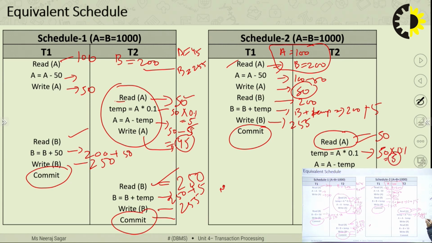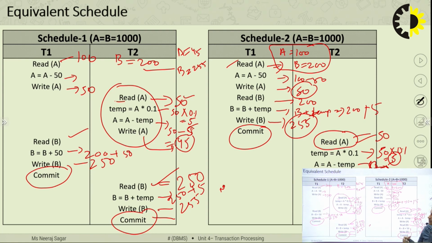The value of temp is 5. A minus temp, that is 50 minus 5, and we perform the write operation, that is 45. Here the value of A is 45. Then it again reads B, and the value of B is 255. Then we add 50 to 255, that is 305, and then it performs the commit operation.